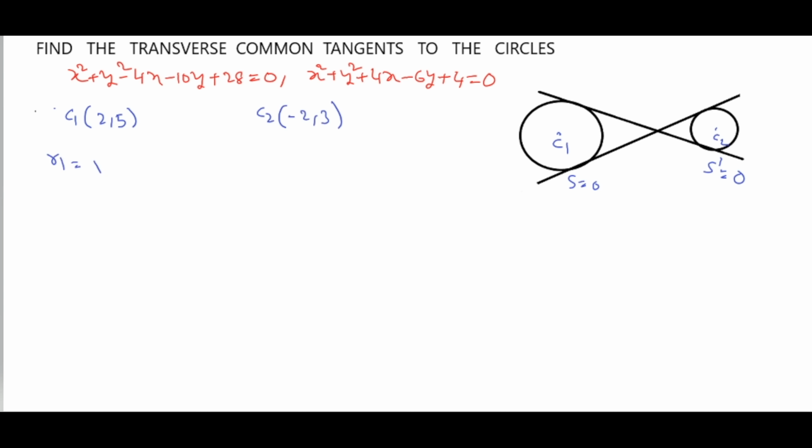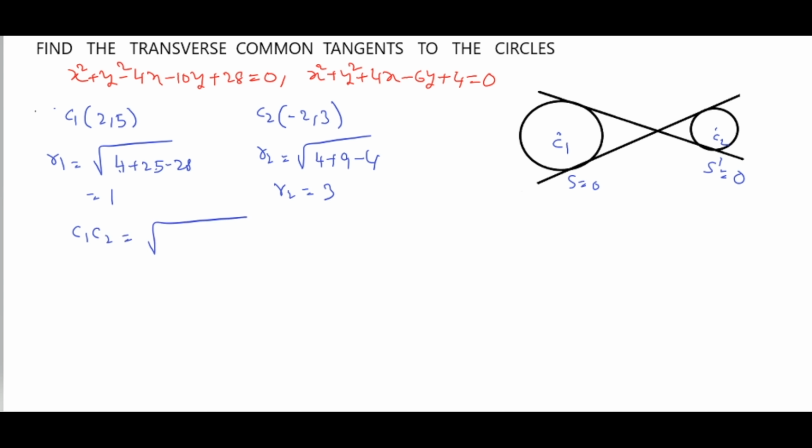R1, the radius of the first circle, is √(4 + 25 − 28) = √1 = 1, and R2 is √(4 + 9 − 4) = √9 = 3. C1C2 = √((2 + 2)² + (5 − 3)²) = √(16 + 4) = √20 = 2√5, which is greater than 4, that is, C1C2 is greater than R1 + R2.